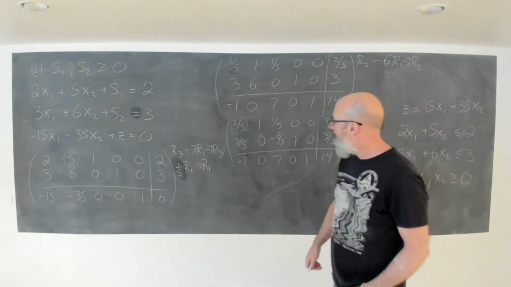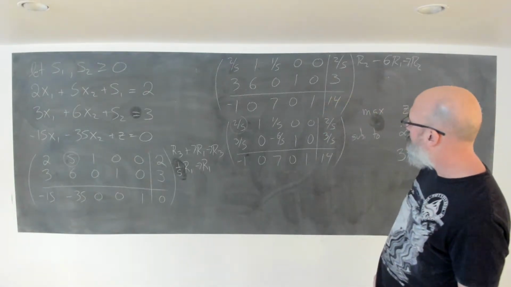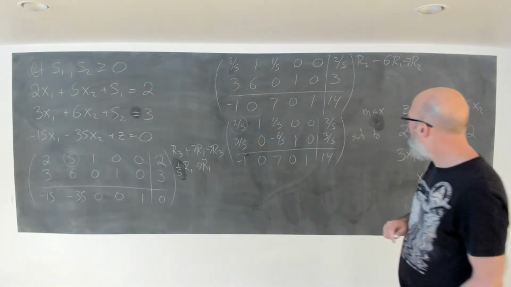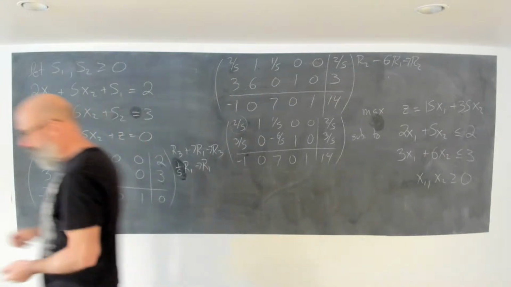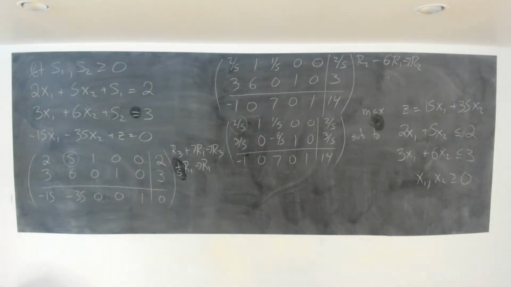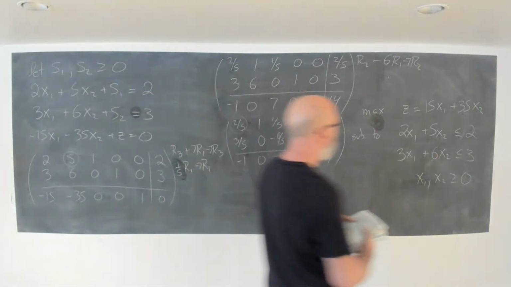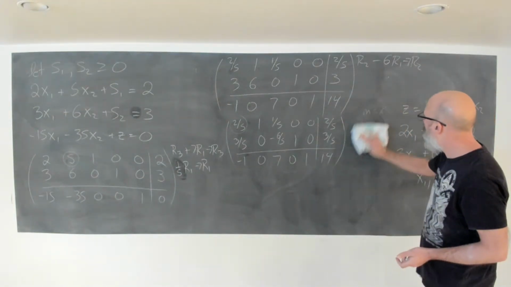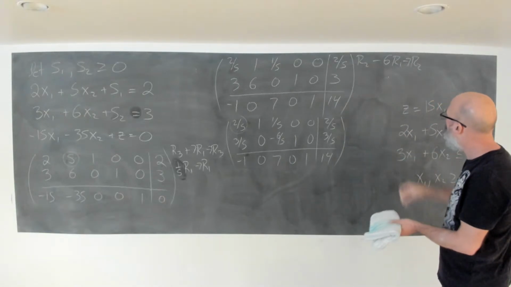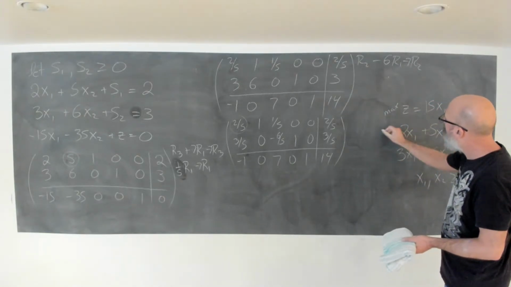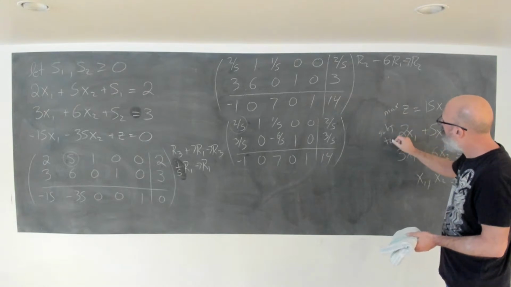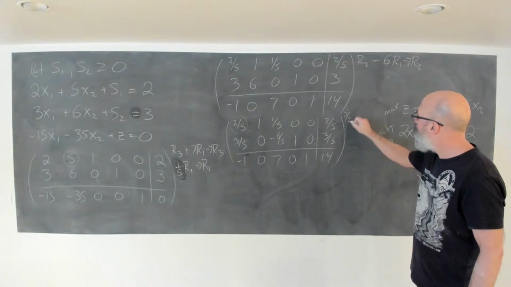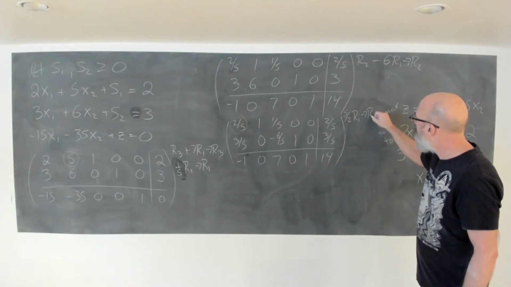So let's change, what do we want to do? Yeah. Let's change that into a 1. I didn't want to erase this, so let me not erase it. We'll change that into a 1. 5 over 2, row 1 for row 1.